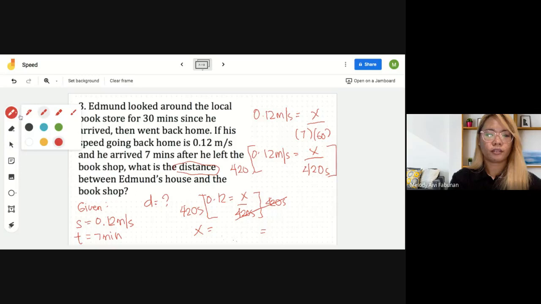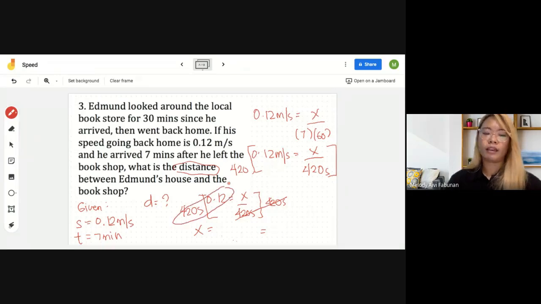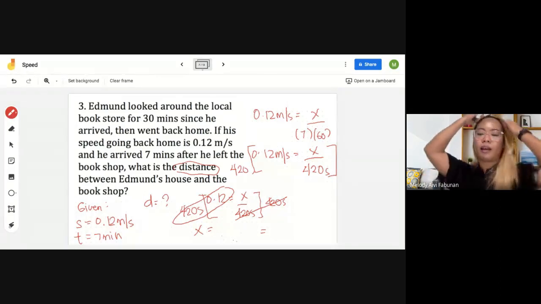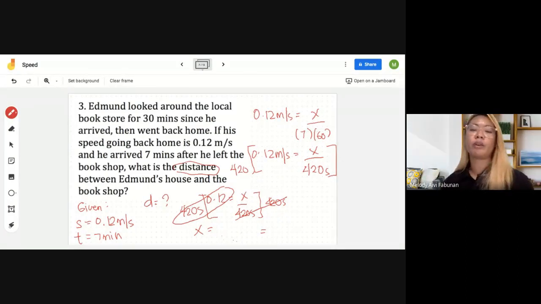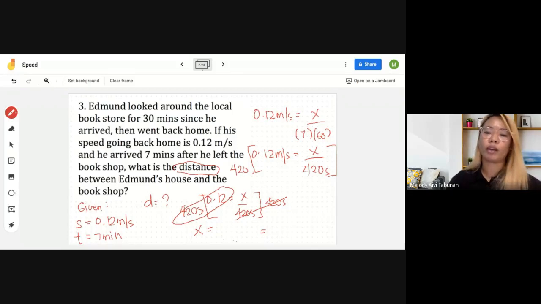Okay, now I got it. So we have 420 seconds here. So this one was canceled. So this time we are going to multiply 420 with 0.12. Not divide. Kaya pala ang liit, sabi ko. Sorry. We're going to multiply both sides with 420 seconds.